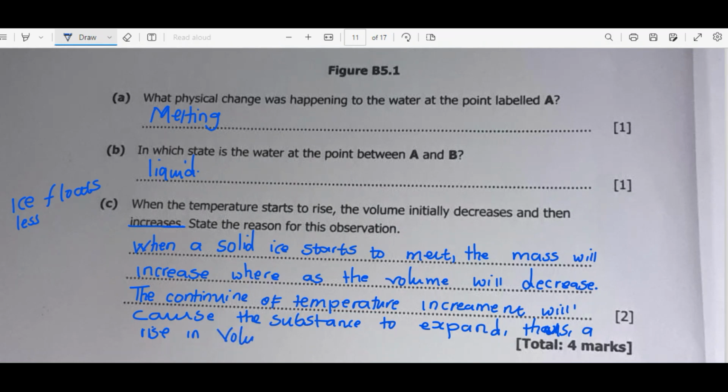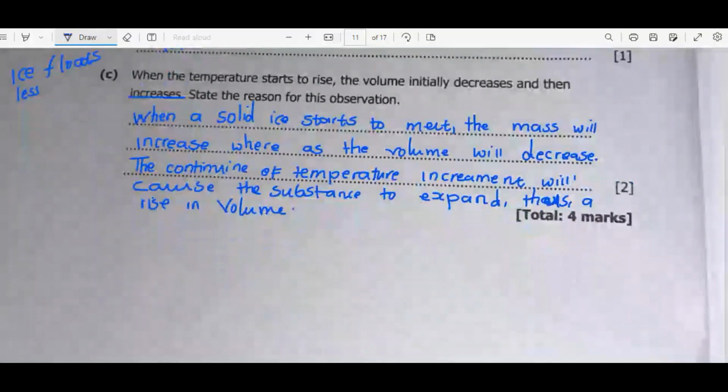So we have the first one, the volume will decrease due to the change from solid to liquid. Then after that, whenever the water continues to be heated, we are going to have expansion, which will now increase the volume. So that's what we can say for that.